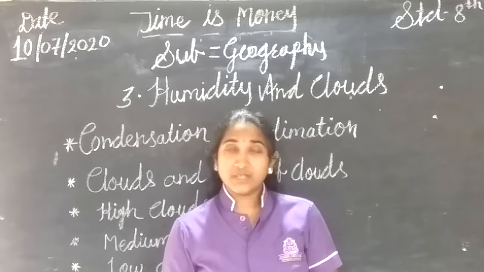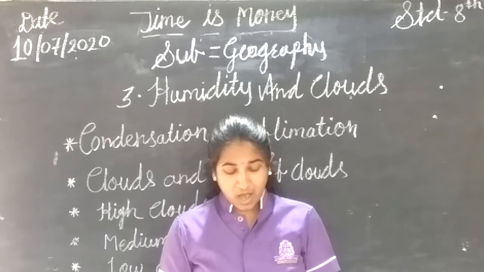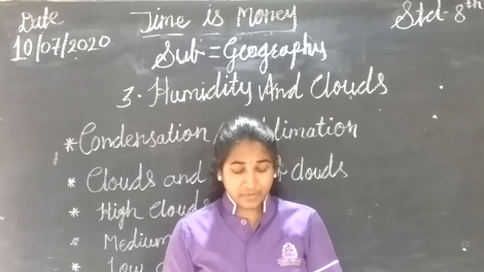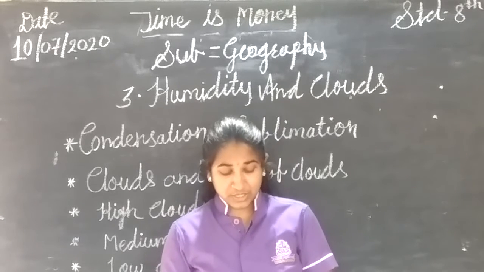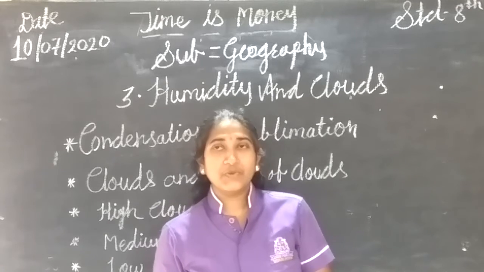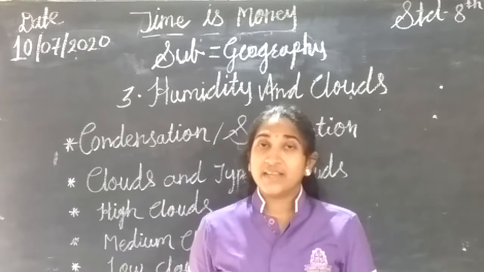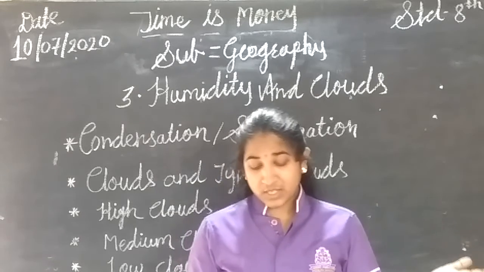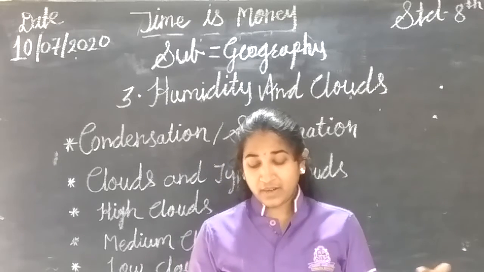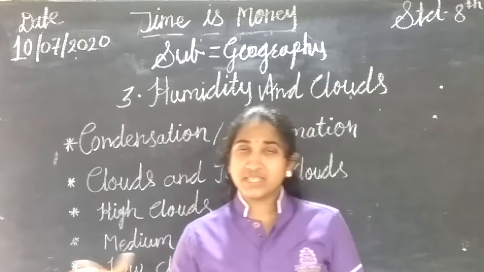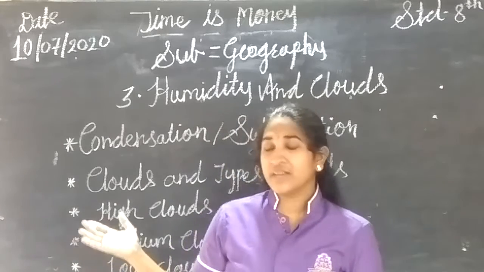Next, dew, frost and fog are the forms of condensation at ground level, while clouds are a form of condensation at higher elevations. Many times in the winter season we see fog around the earth. It is a form of condensation but at the ground level, near to us.